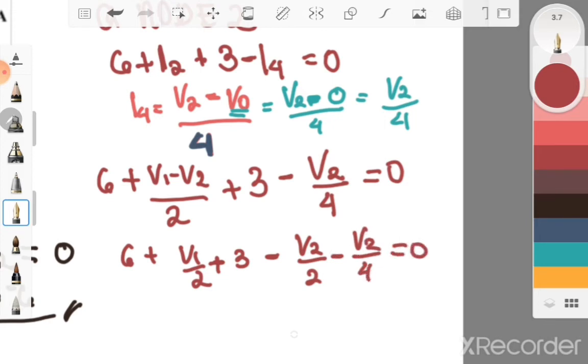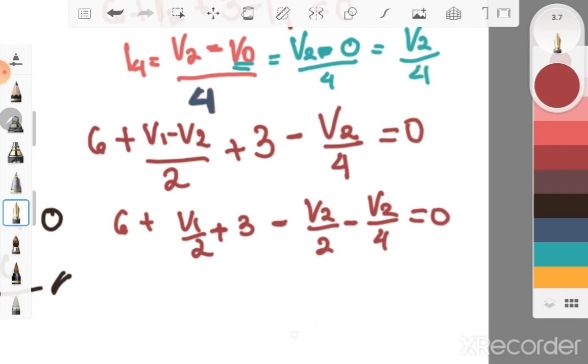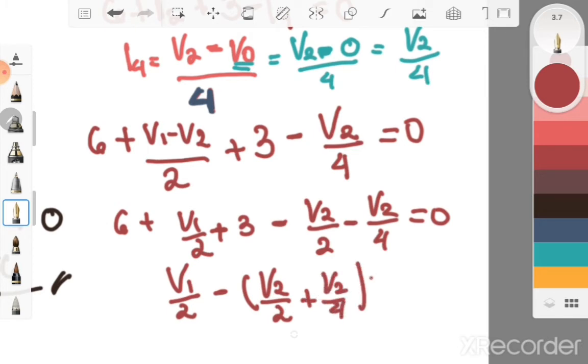Right? But what is your V1 and V2? So, manipulating your equation, we have V1 over 2 minus your V2 over 2 plus your V2 over 4 is equal to 6 plus 3, positive 9, which is equal to negative 9.